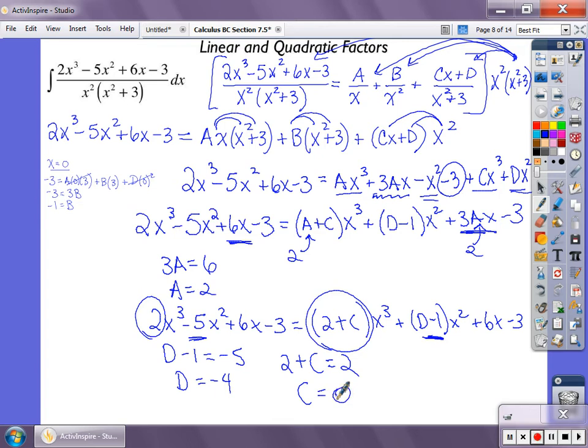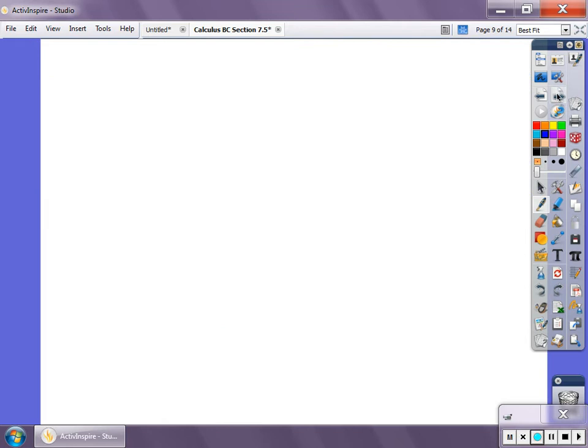And so I'll take all of these numbers, negative 4, 0, 2, and negative 1, and I'll plug them into these numbers up there. We're going to do that on the next page so I have a little bit more room.